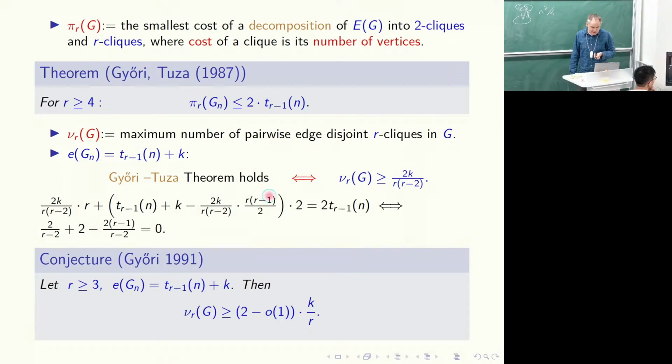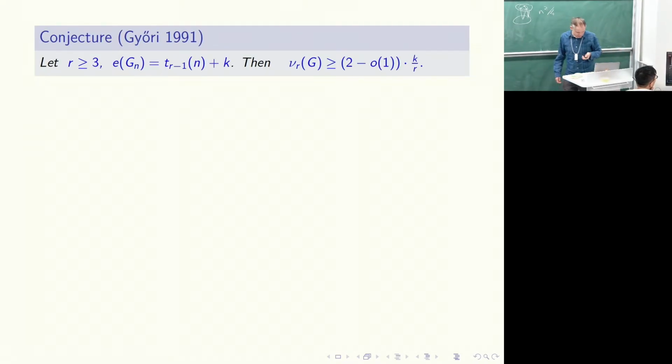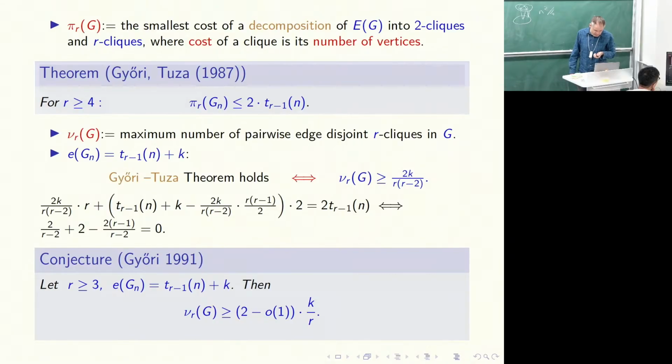And this reformulation motivated Győri in '91 to conjecture an improved lower bound on the number of pairwise edge-disjoint cliques, that it should be at least 2k over R, asymptotically.